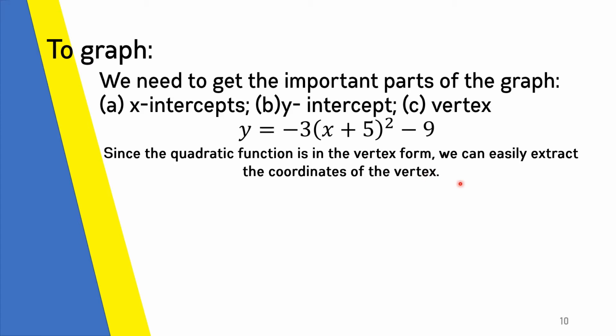We can get the coordinates of the vertex just by looking at the function. In this case we can see that 5 and negative 9 are right here. So the value of h and k, the vertex, will be negative 5 and negative 9. Why negative 5 when we have 5 here? The vertex form is a times (x minus h) squared plus k.